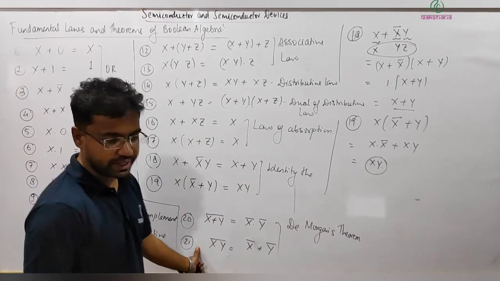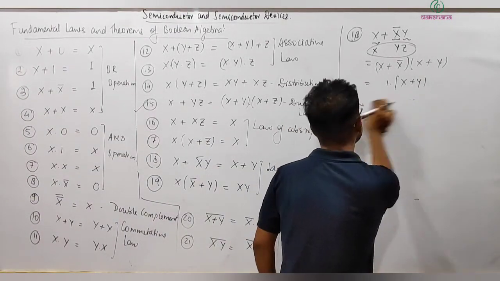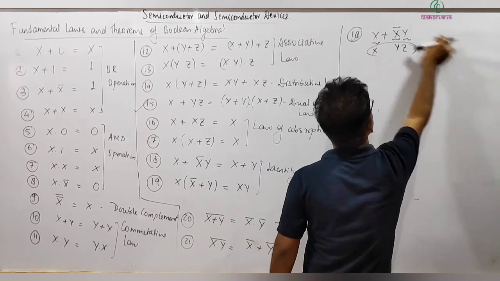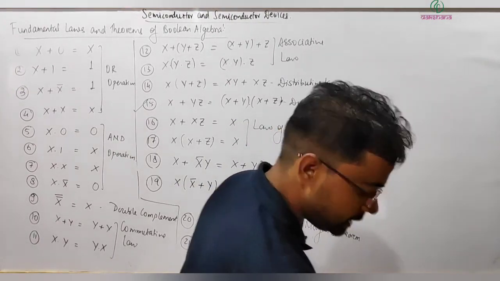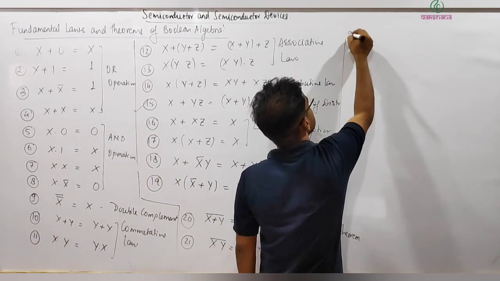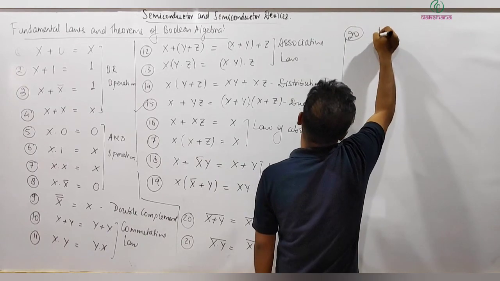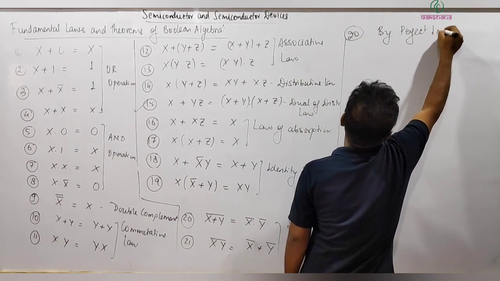These are very important actually, and I will prove those with the truth table. So let me show you the proof for theorem 19, 20 and 21. This is called the perfect induction method.